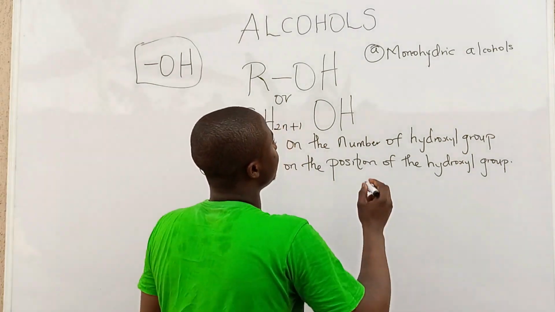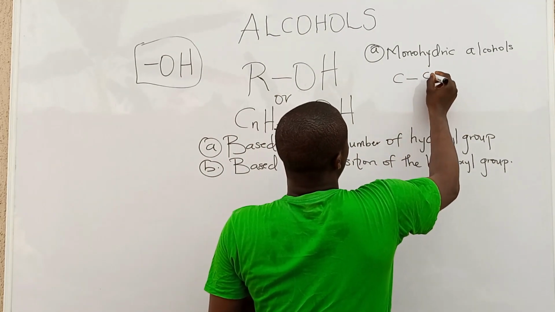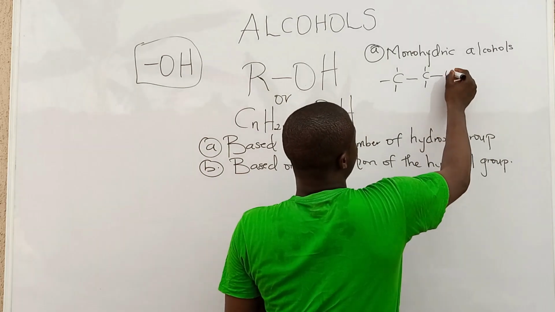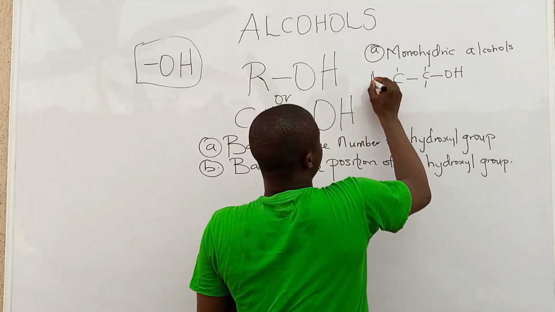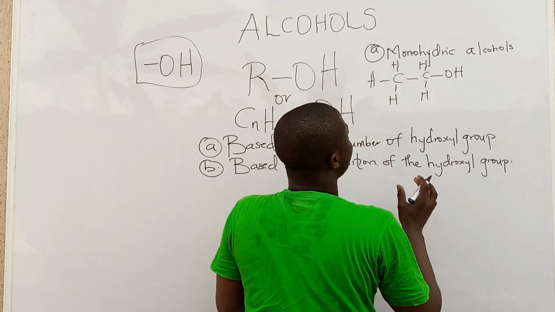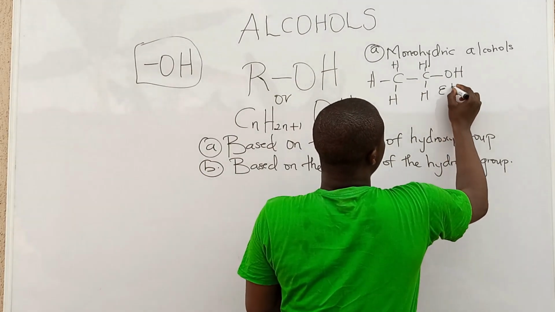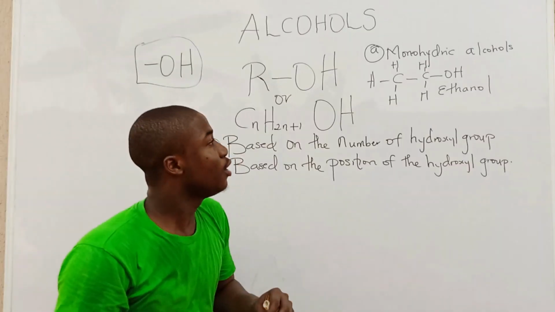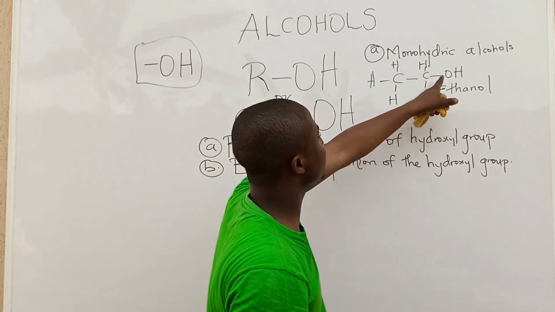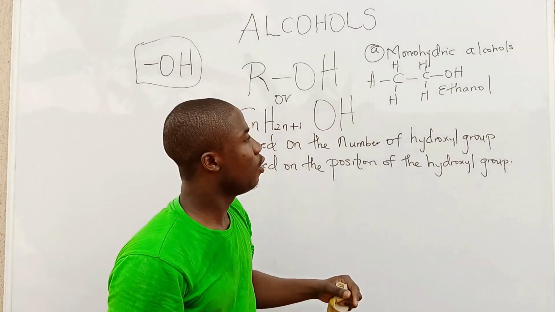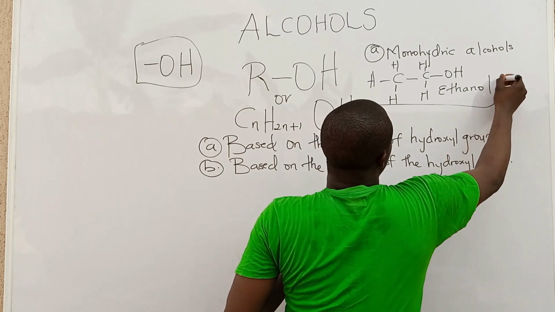So this is what I mean. Now this is an alcohol, called ethanol. The OH in this compound is just one, so it is a monohydric alcohol.